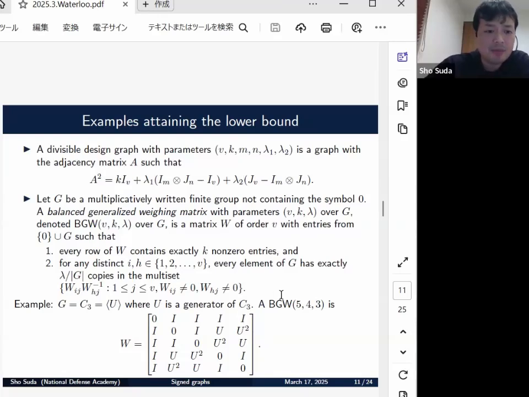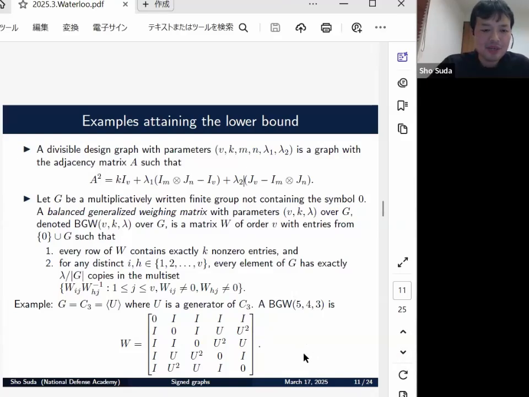Each element appears exactly one time, so lambda must be the order of the finite group G, so 3 appears here. So here is the smallest non-trivial example of a BGW, I think.